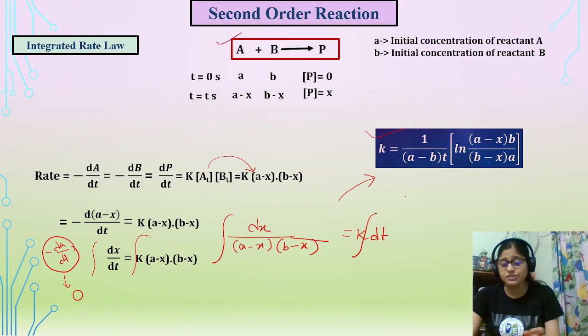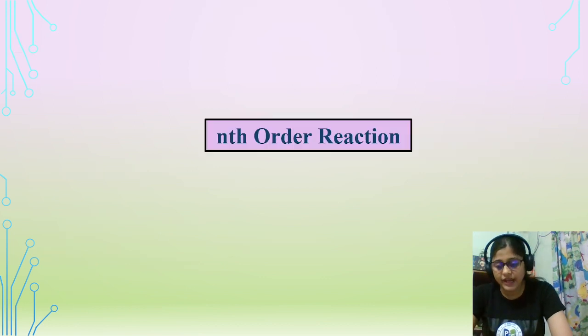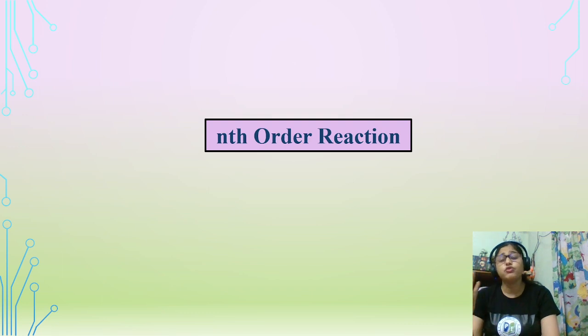And for the rest of the part, we have the nth order reaction. If, let's say, we want to know the integrated rate law for the third order reaction, and then fourth order, fifth order, the derivation part will also be difficult, and we can forget things, right?